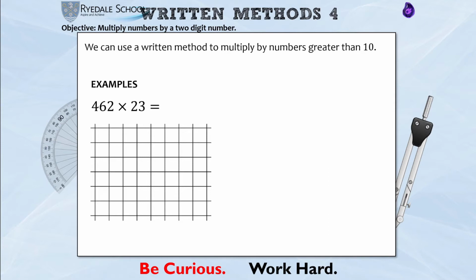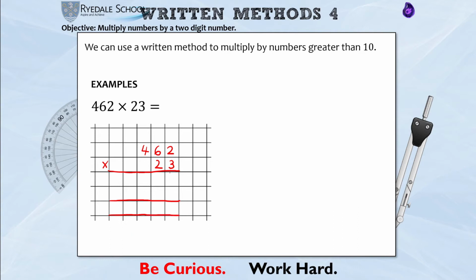So we are going to be using place value. And the way that we're going to set out this work today is we're going to write 462 times 23. Except we're going to have a little bit more space to do our answers.